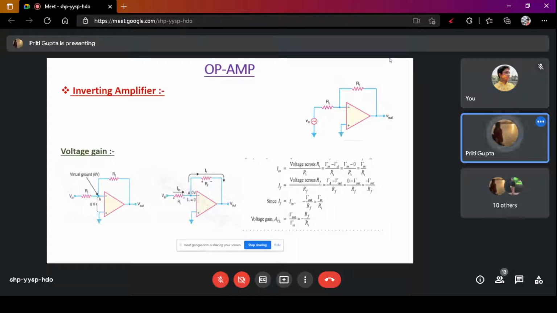First, the negative sign indicates that the output signal is inverted as compared to the input signal. First point. Number 2, second point.